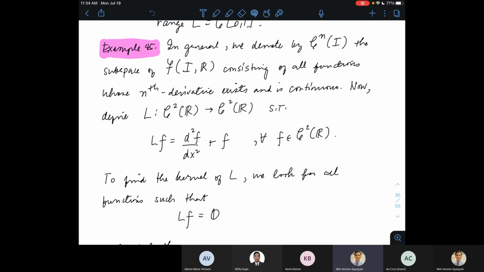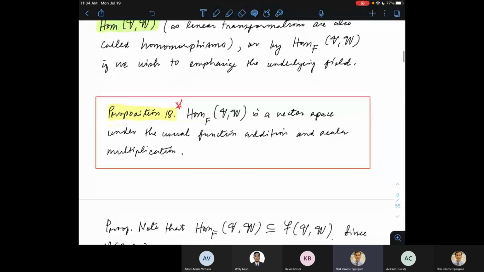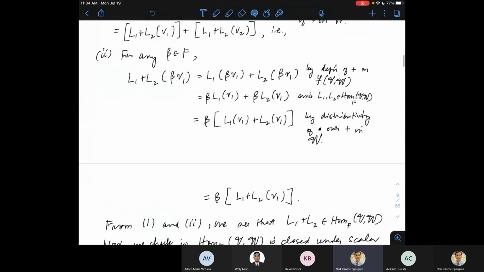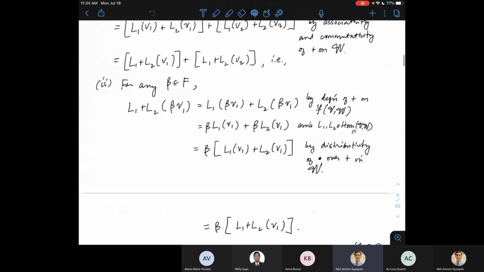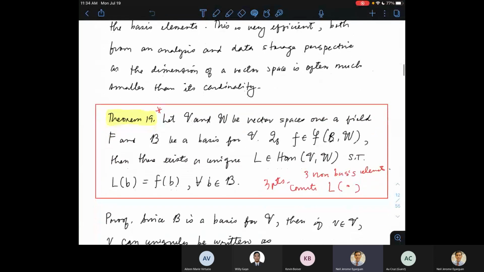One is that I want you to illustrate the use of theorem 19.